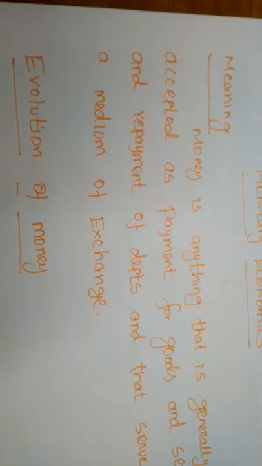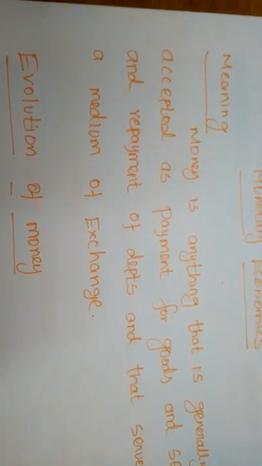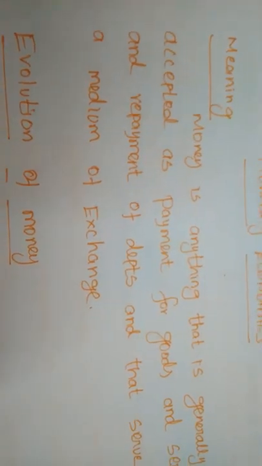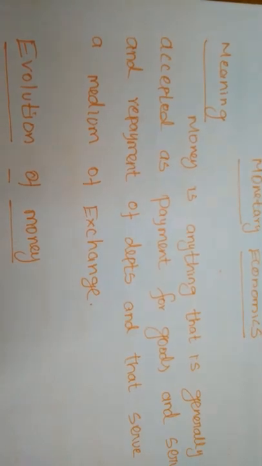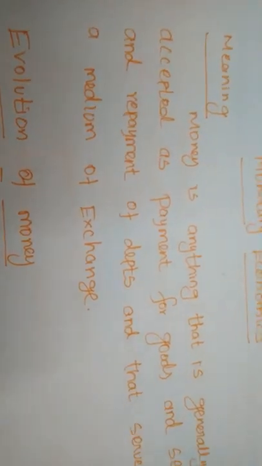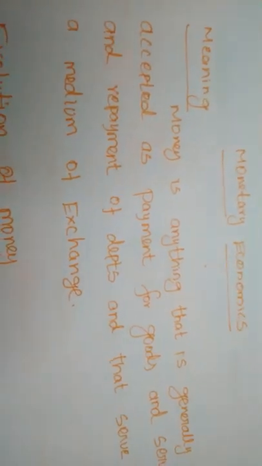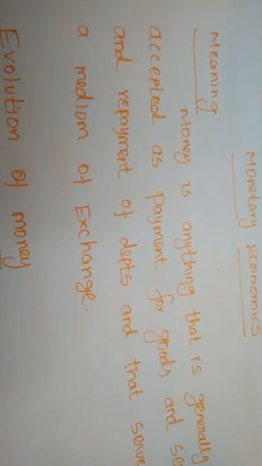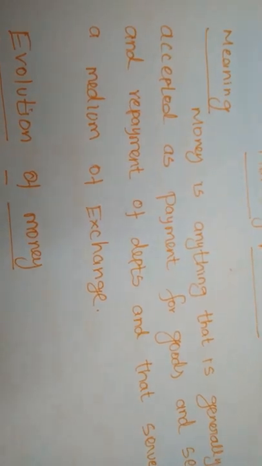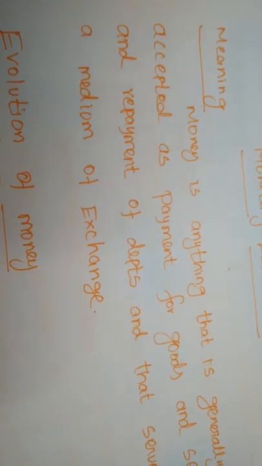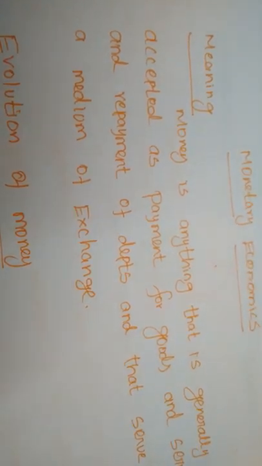Normally money is anything that is generally accepted as payment for goods and services and repayment of debts, and that serves as a medium of exchange. So money is anything that is generally accepted. For the purpose of purchasing or selling any commodity, we need something generally accepted.